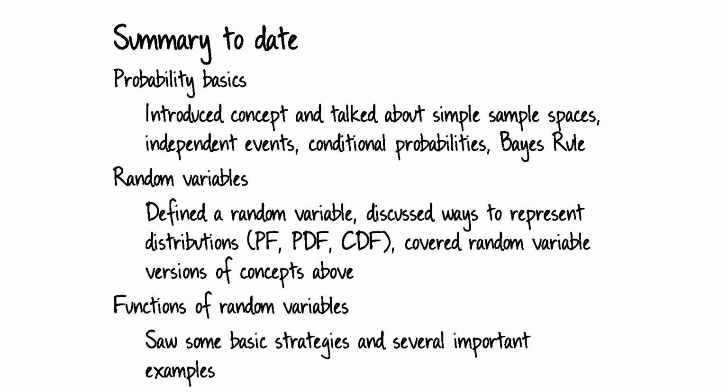And then we also talked about how the same information in PFs and PDFs can be embodied in a CDF, and the definition of a CDF is the same for both continuous and discrete random variables. We also covered the random variable analogs to what we covered in probability basics. We had talked about independent events, then we talked about independent random variables. We talked about conditional probabilities, then we talked about conditional PDFs.